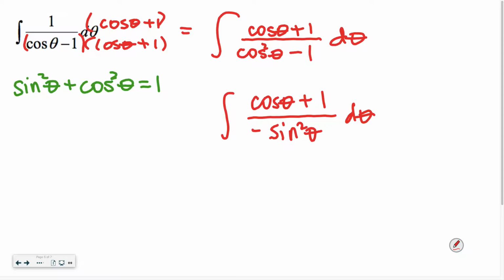So what we have is 1 over sine squared. It's not quite time for u substitution. If I take cosine over sine squared, it would be negative.